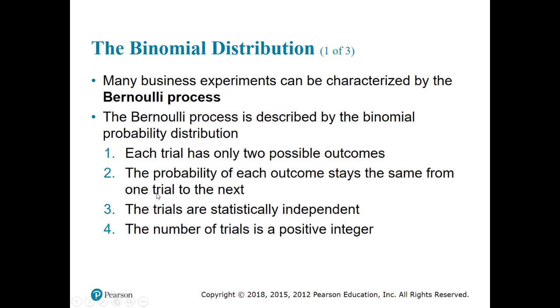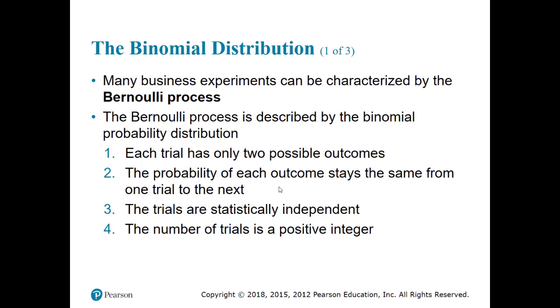Then the probability of each outcome must stay the same from trial after trial. So the first time you toss the coin, if it is 50-50 for head or tail, the second time you toss it, it's the same coin, so the probability stays the same. The third time you toss, the probability stays the same.